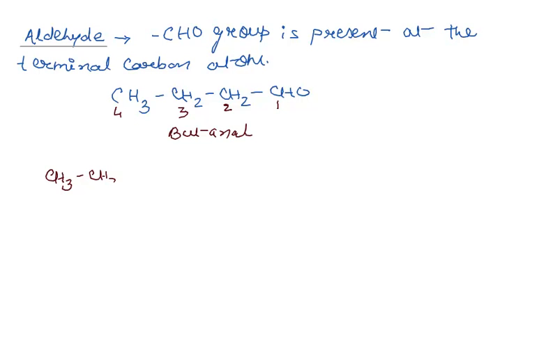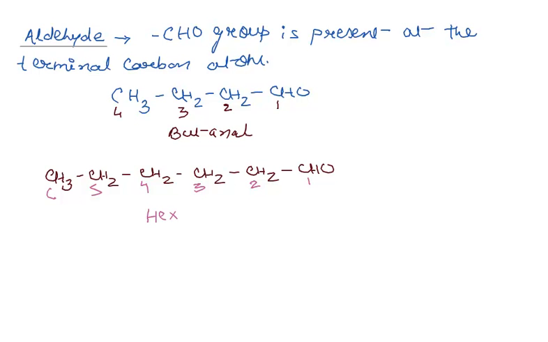CH3, CH2. What will be the name of this? So what I'll have to do is number these. Let's number 1, 2, 3, 4, 5 and 6. What is the root word? How many carbon atoms? 6. So what is the root word?